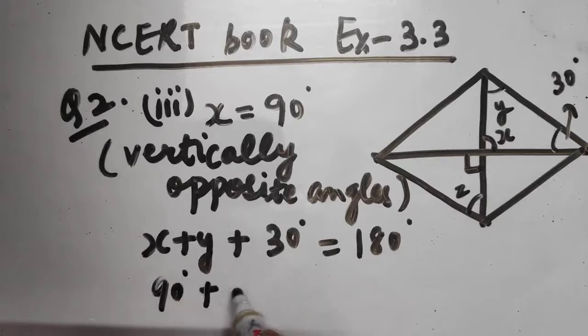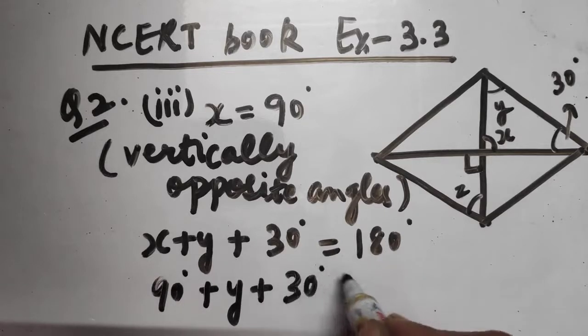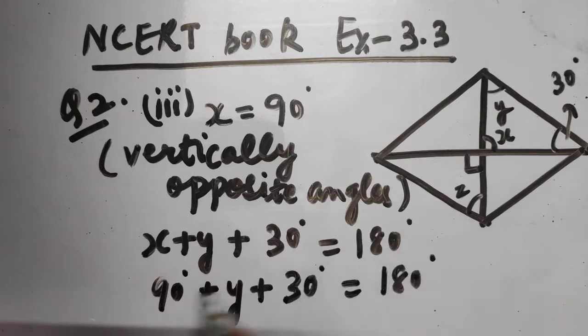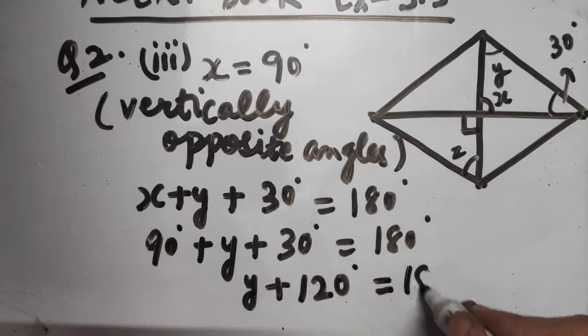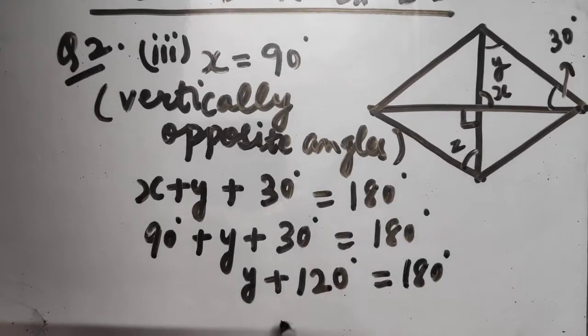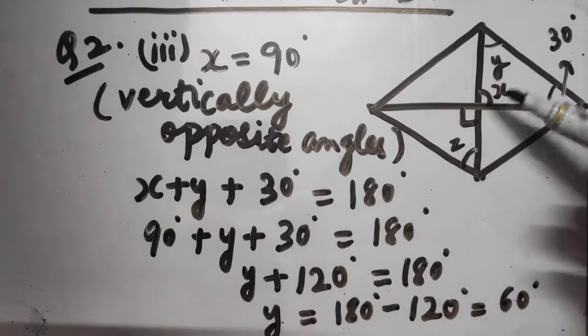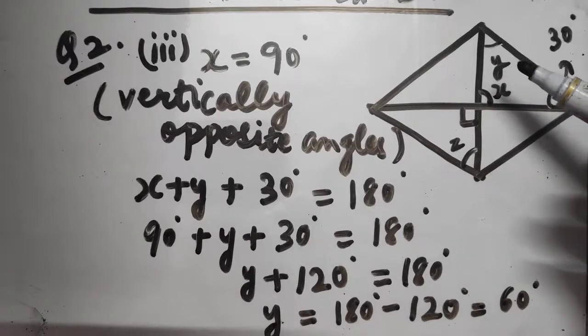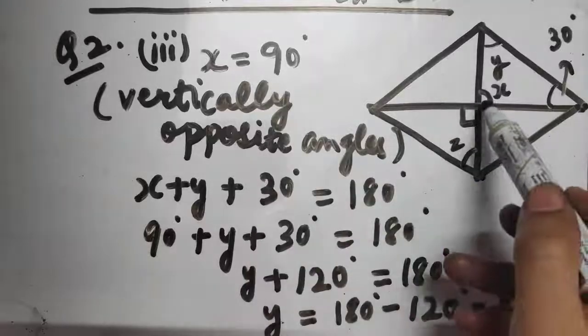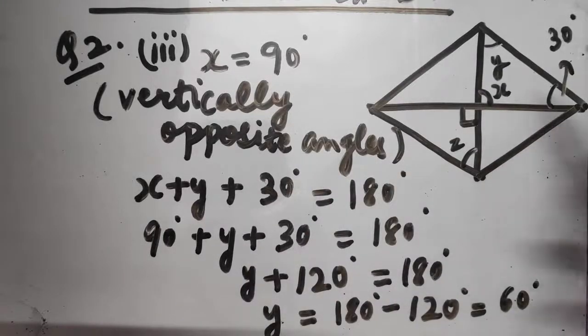So it will be 90 plus y plus 30 degrees, that is equal to 180 degrees. So y plus 120 degrees is equal to 180 degrees. So y is equal to 180 degrees minus 120 degrees, that is equal to 60 degrees. So the measurements of x and y we have calculated. x is equal to 90 degrees and y is equal to 60 degrees.